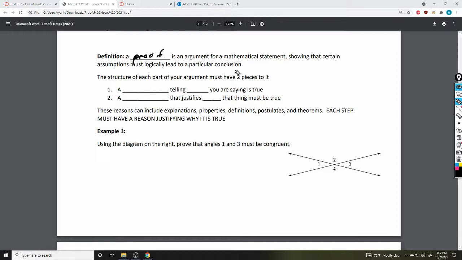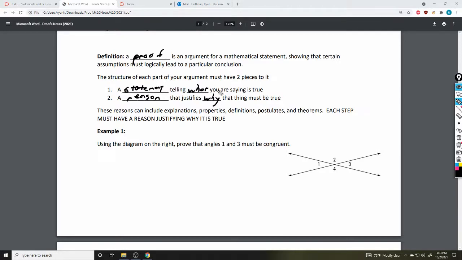And when we make a proof, the structure in each of those steps that we create should have two pieces to it. We should have a statement telling what you are saying is true, and a reason that justifies why that thing must be true. So basically, up in those previous examples, we were laying out what one of these statements and sentences might look like.